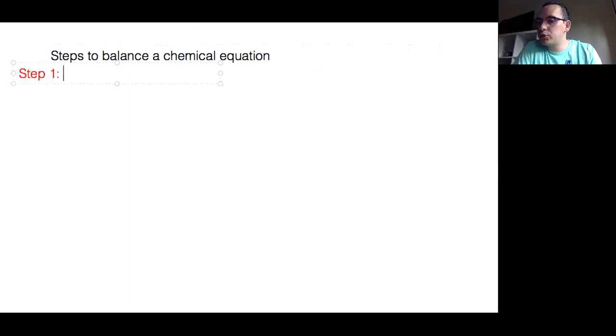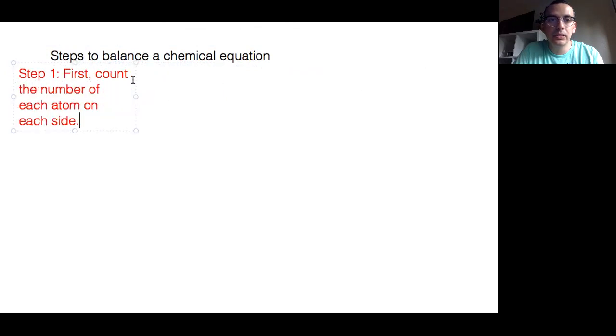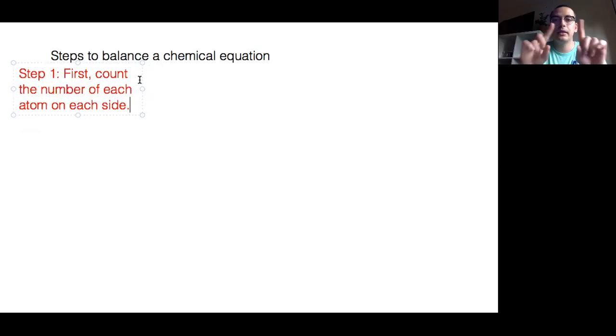Step 1 is to first count the number of each atom on each side. So that's what we're going to do first, using the same equation that we used in the chemical reaction and chemical equation part.